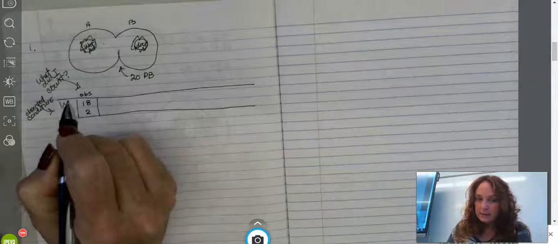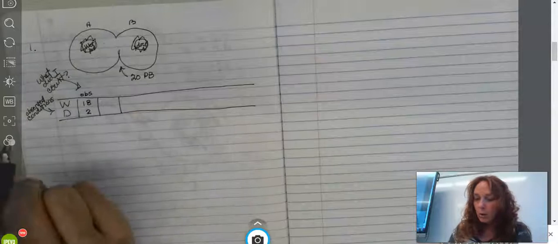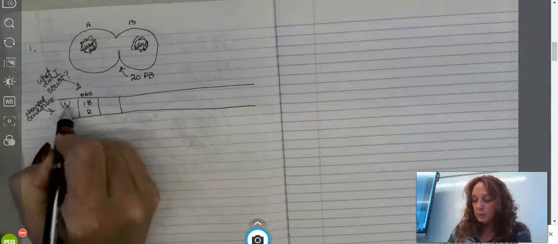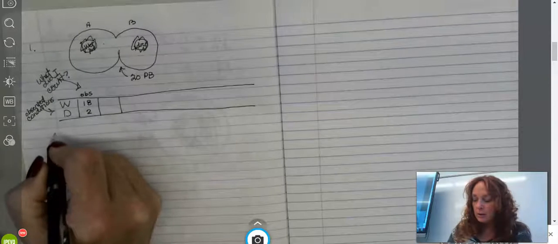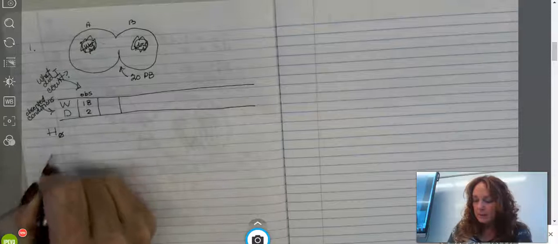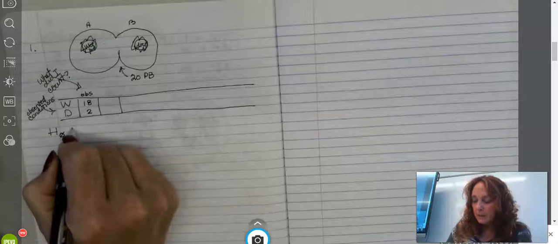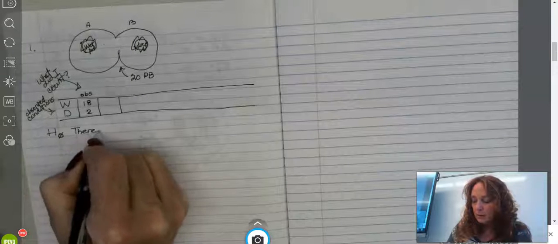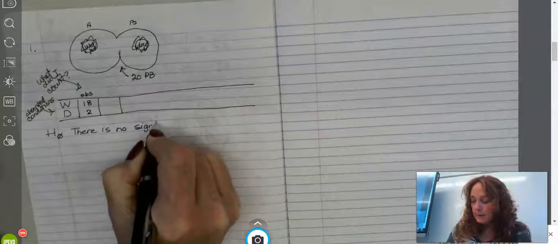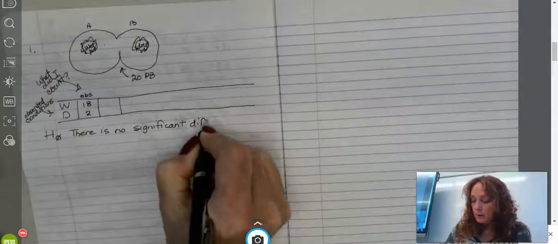And being a simple chi-square, we're going to always test for the null is that there's no difference between these two conditions. So let's write the null. So there's the hypothesis, that's null, and you're going to write the same beginning every time. You're going to state there is no significant, and that's an important word, difference.